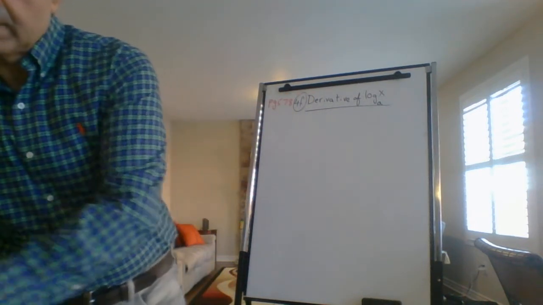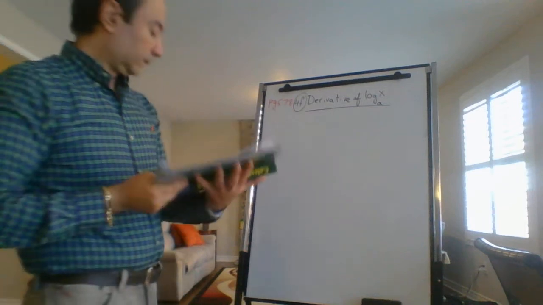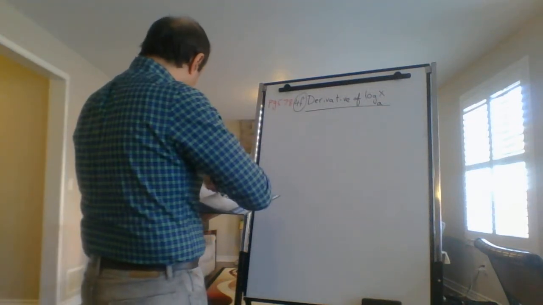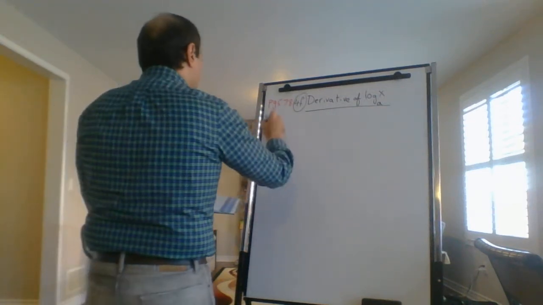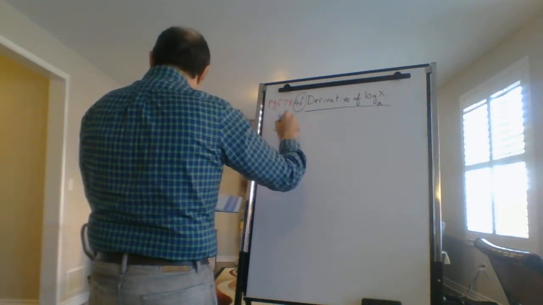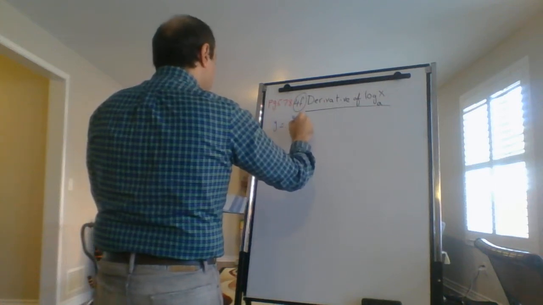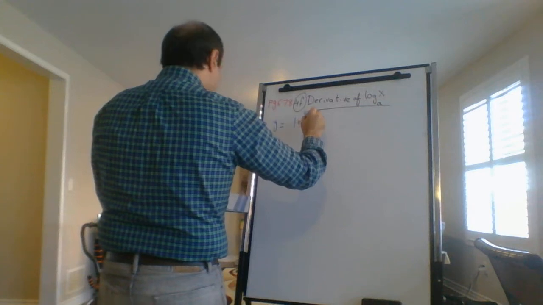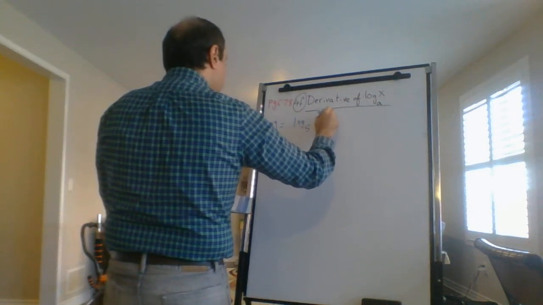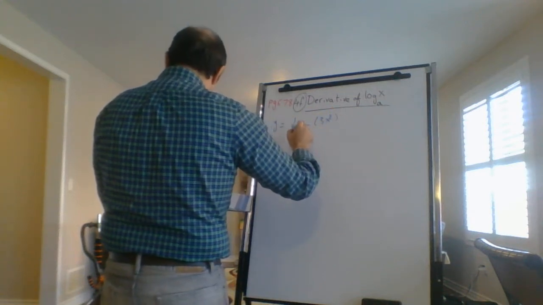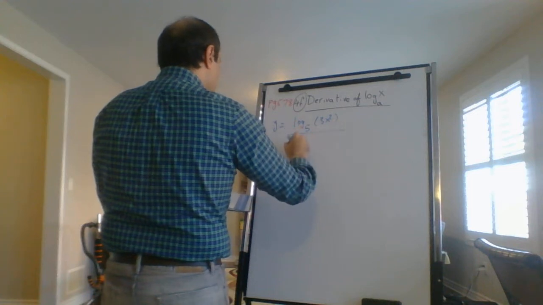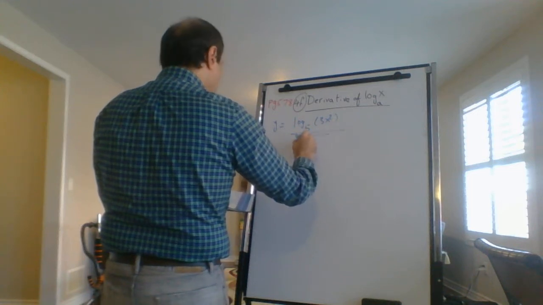It says y equals log base 5 of 3x squared over the square root of x plus 1.